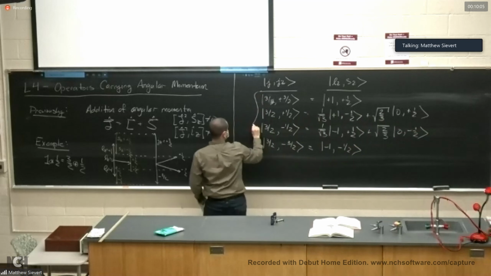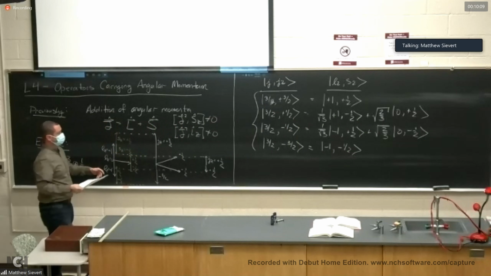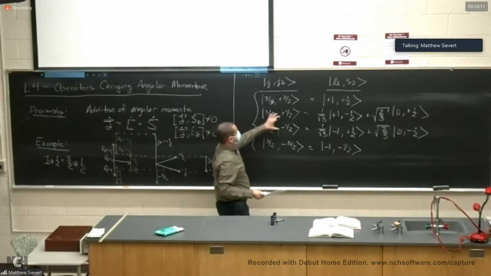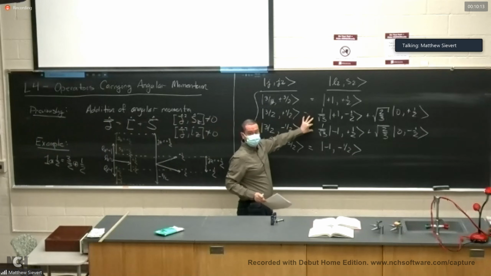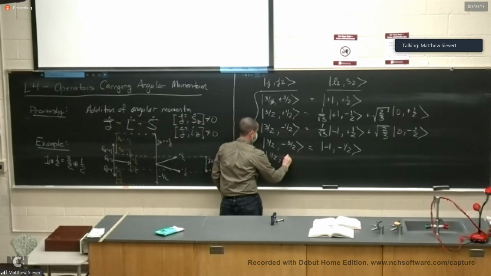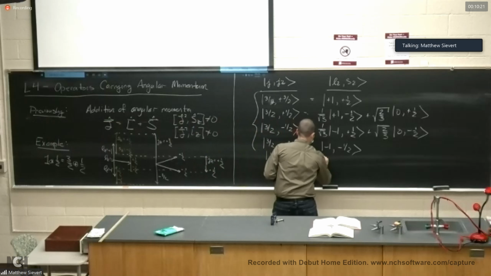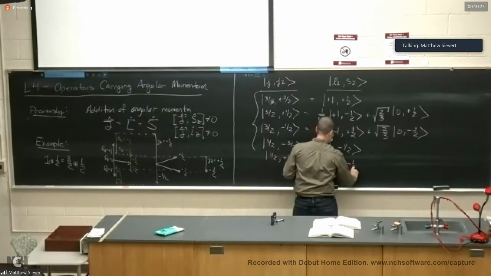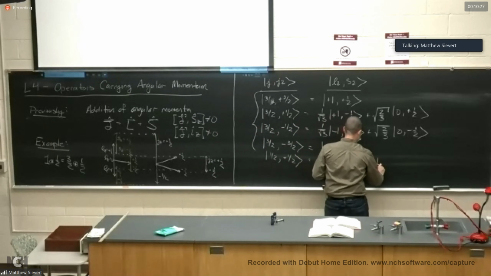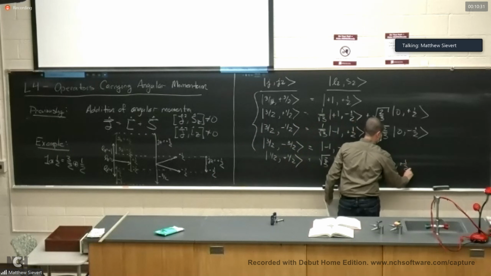These states constituted that 4-dimensional ladder J equals 3/2. And the other 2 states were made up of the orthogonal combinations of these 2. 1/2 plus 1/2 was given by √2/3 plus 1 minus 1/2 minus 1/√3 0 plus 1/2.